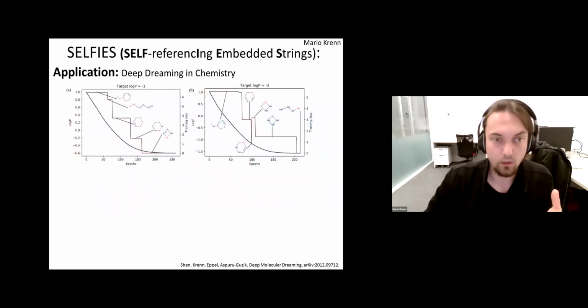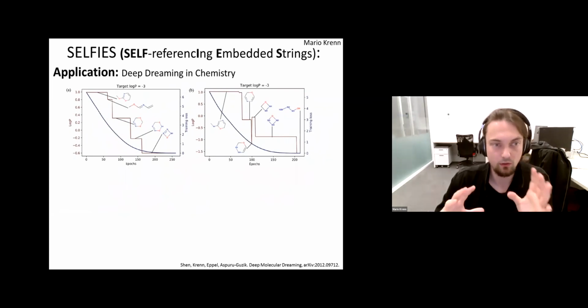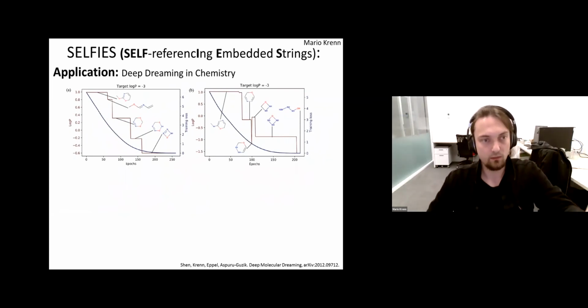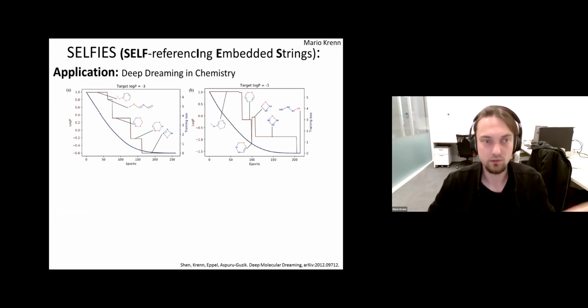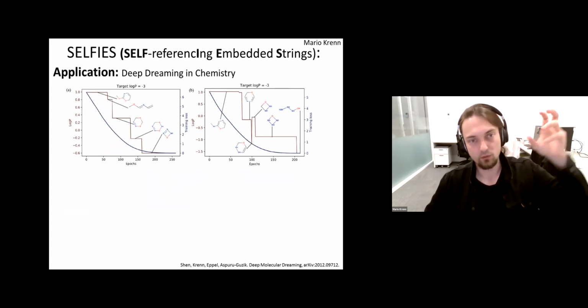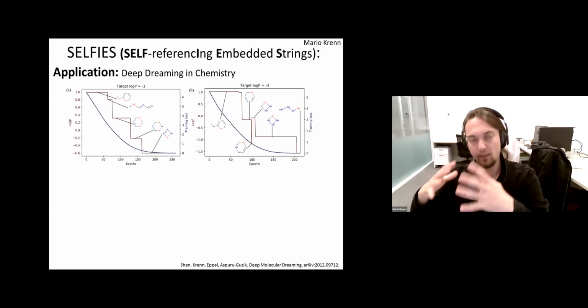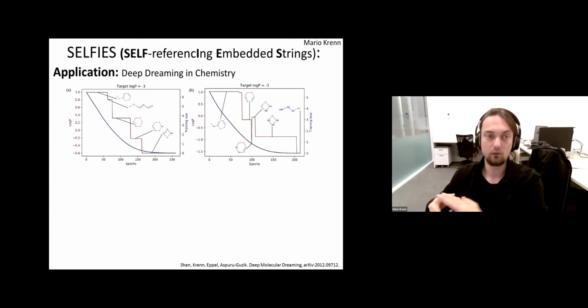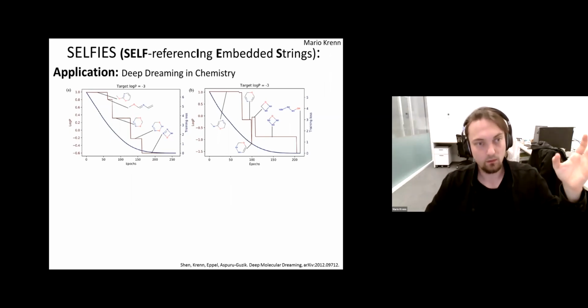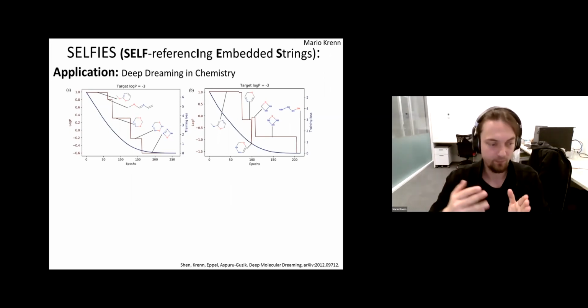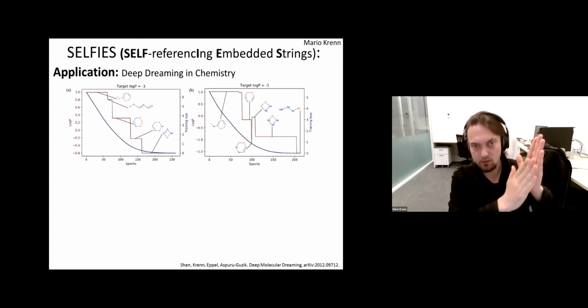So here's one example or two examples of such a process. On the y-axis, the brown one is the physical property, which is the hydrophilicity of the molecule. It's not so important here. We take a molecule and we say, okay, how about you try to minimize this property? By minimize, we mean we set the goal value to a very low property. And what happens is we train over a number of epochs and the loss decreases.